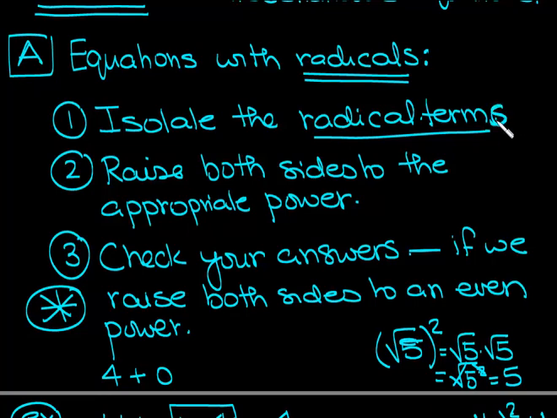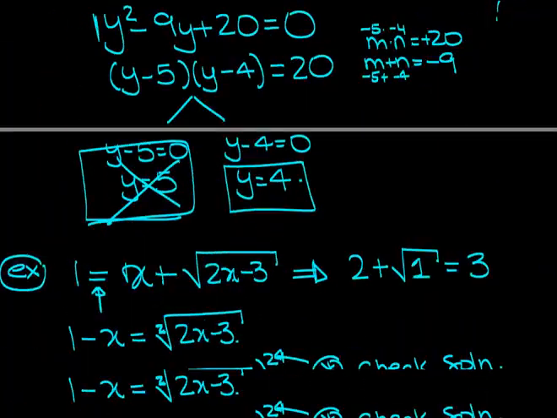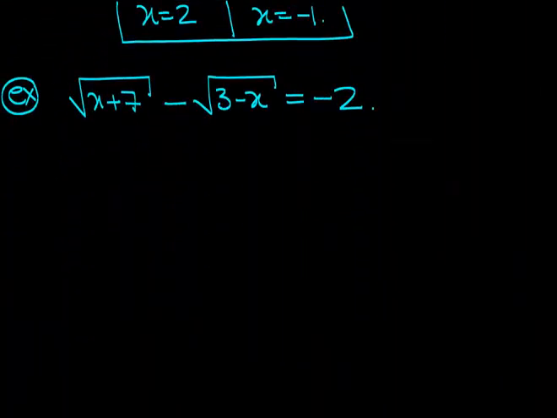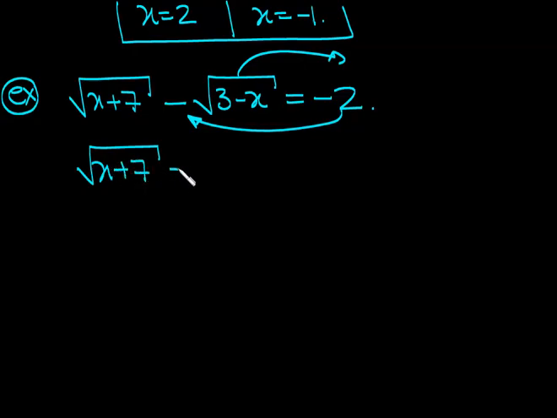I didn't say isolate the radical terms. So we want to still follow the same game plan. We want to isolate one of the radicals, not both, but one. So let's move this to the left, move this to the right. Okay. So we get square root of x plus 7 plus 2 is equal to square root of 3 minus x. Okay, so we're going to do that.